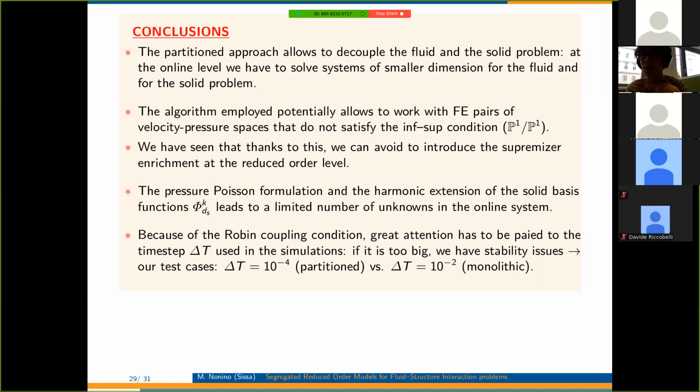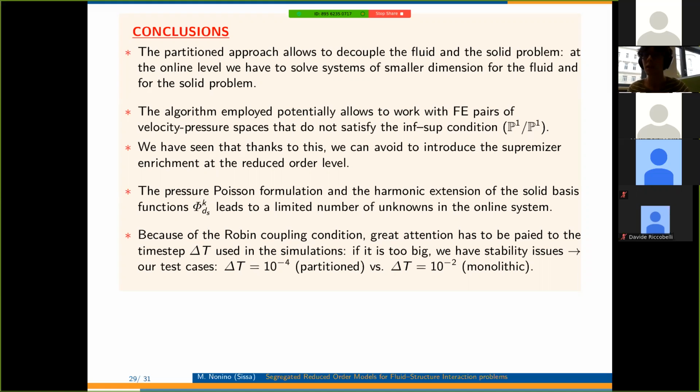And that constant, as I showed you, depends on the time step used in the numerical simulation. And the problem is that if we are using a time step that is too big, we will have stability issues. And indeed, as I showed you for our test cases, we use a time step of 10 to the minus 4. This with the partitioned procedure.